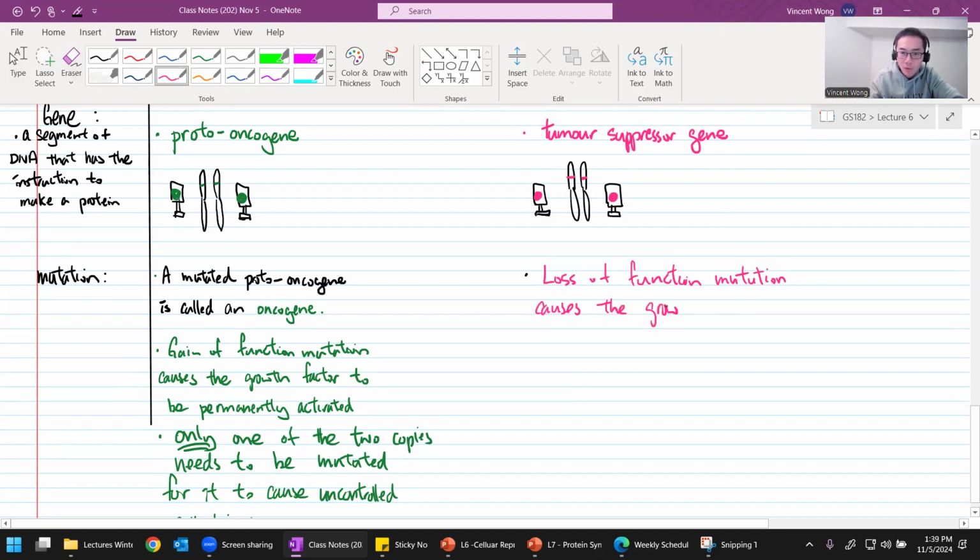the growth inhibitor to not function, or it's permanently turned off.